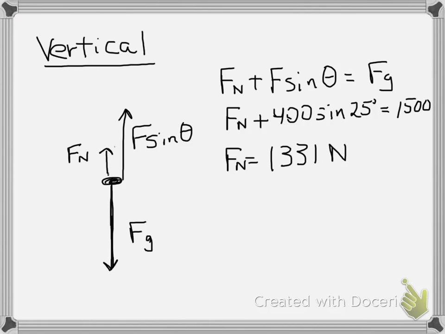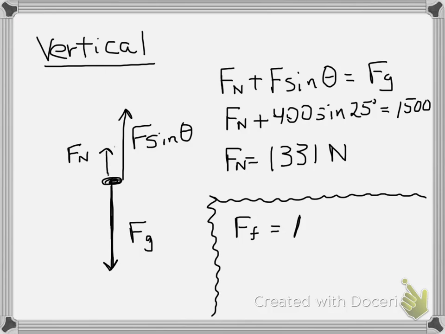Okay, now that I've done that, there's one other thing I'm going to do right now, and that is find the force of friction. I'll put that in this corner because it's really not part of the vertical problem, but the force of friction in the horizontal direction is the coefficient of friction times the normal force. So let's just find that here.